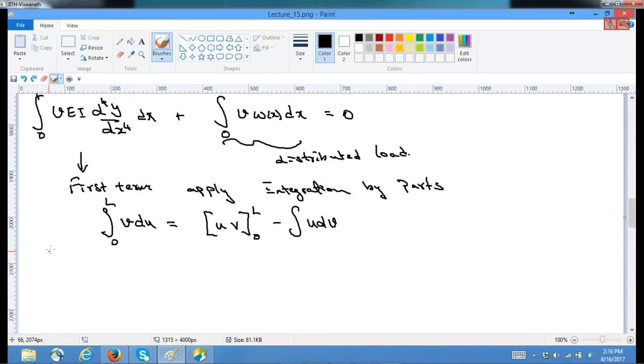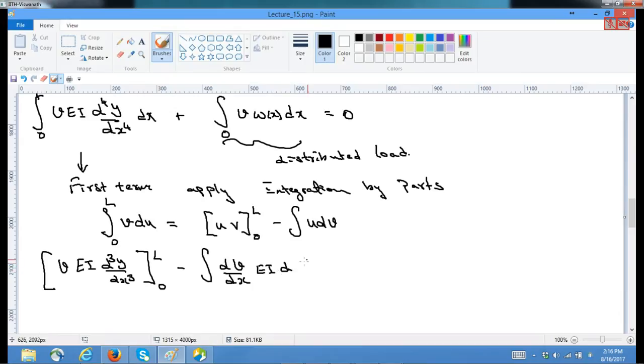integral of, first we have to write the boundary term, which is V times EI d cube y by dx cube from 0 to L, minus the integral of dV by dx EI d cube y by dx cube dx.